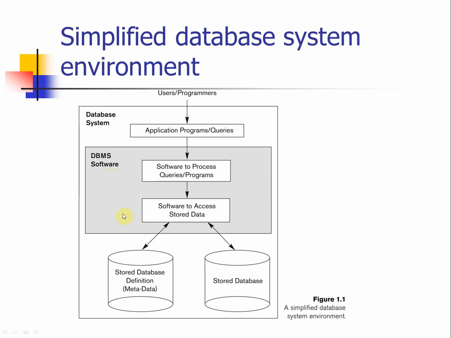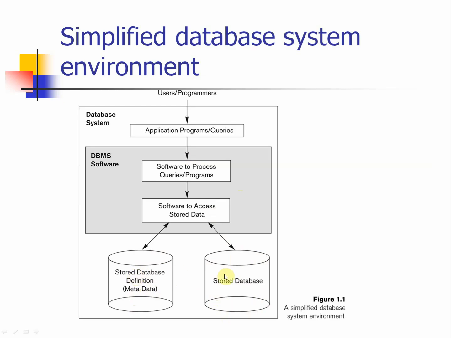To feed into the DBMS system, you need to have the data stored. So you have a database over here, but data stored in the database requires a structure. What that structure looks like is defined in this box, which we call the metadata. So it's the stored database definition.